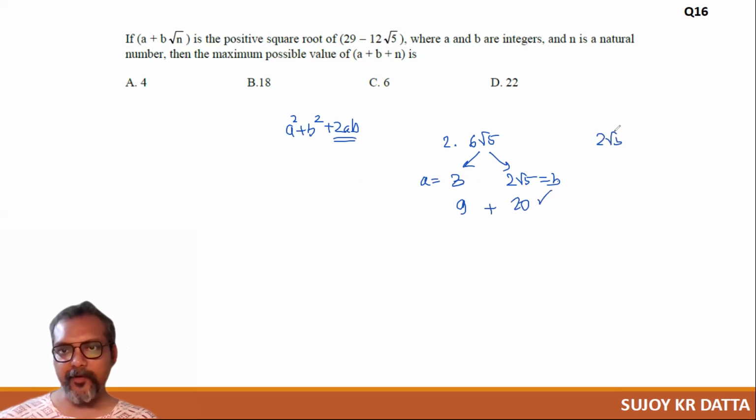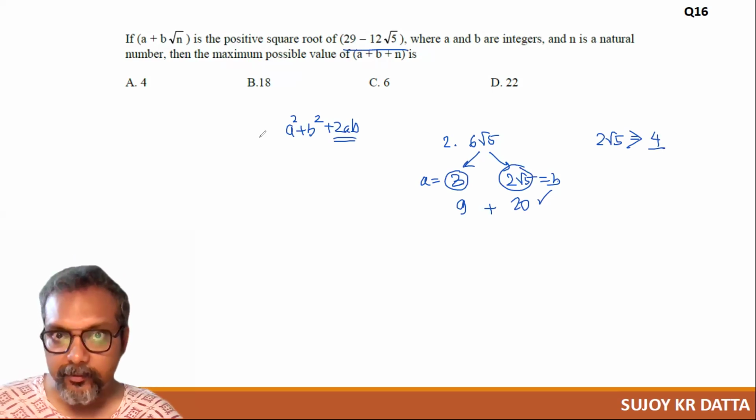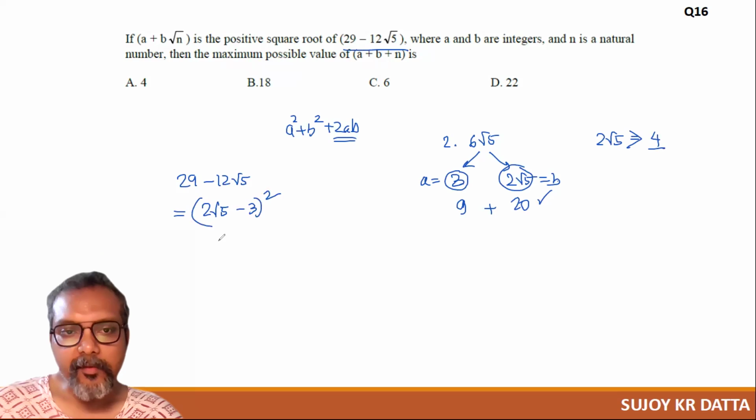Now 2 root 5, if you look, root 5 is greater than 2, so this is greater than 4. So 3 is the smaller quantity, 2 root 5 is bigger. So when you are taking the square root, it must be a positive square root. So 29 minus 12 root 5, you must write it as 2 root 5 minus 3 whole square, not the other way around.